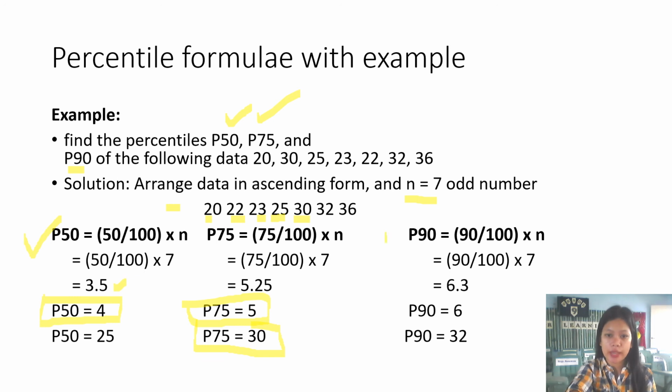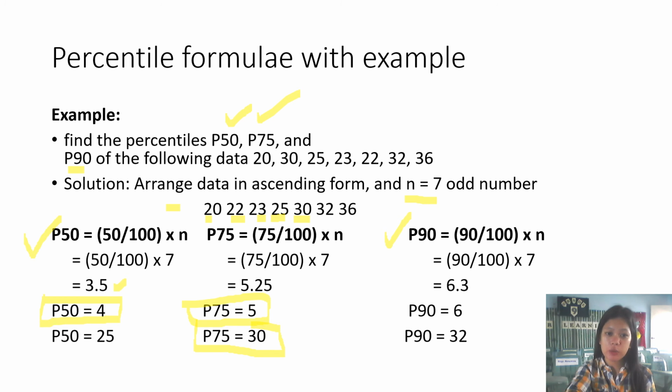And last, we have the 90th percentile. So we have the formula 90 over 100 times n, or the total number of data, which is 7. So 90 over 100 times 7 is equal to 6.3, or rounded off is 6. So we have to count from the first data to the 6th data.